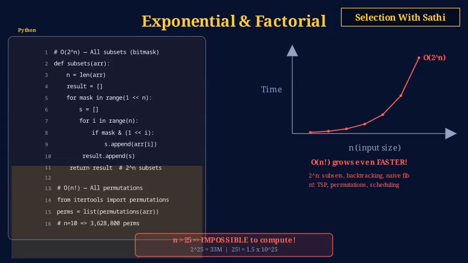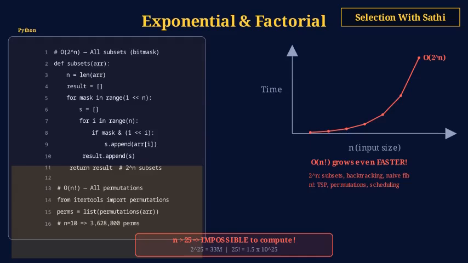A set of 30 elements, over a billion. Naive recursive Fibonacci is also O of 2 to the n. O of n factorial is even worse, that's generating all permutations. Brute force traveling salesman checks all n factorial routes. For n equals 12, that's 479 million permutations, barely feasible.